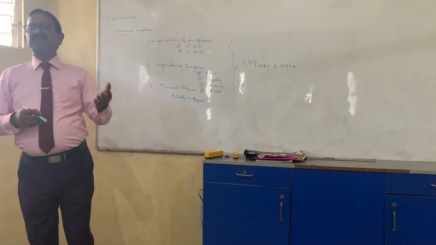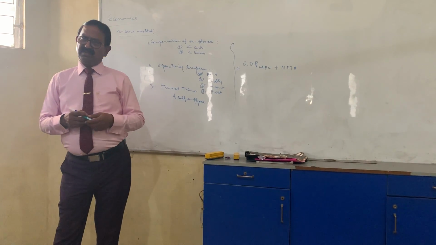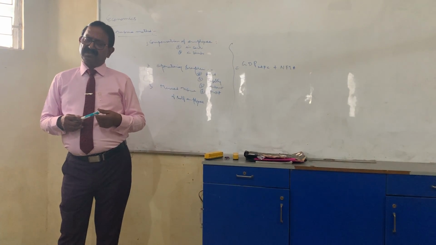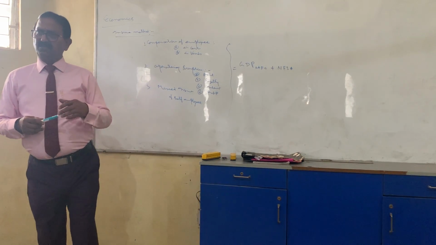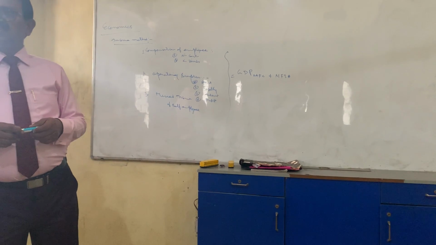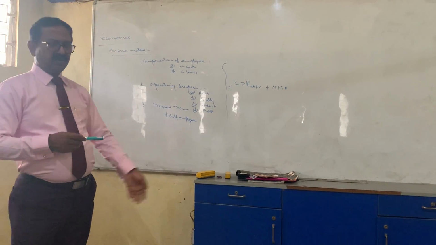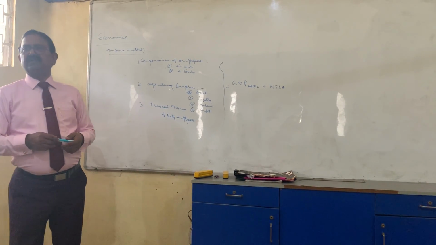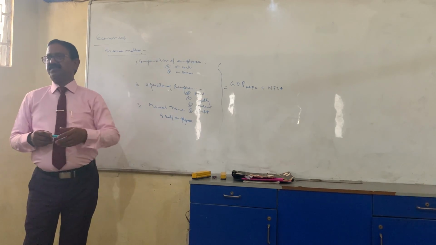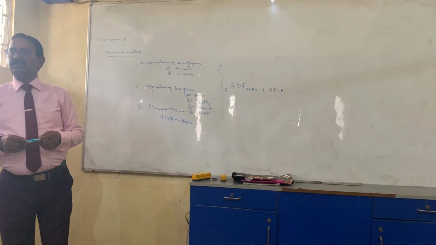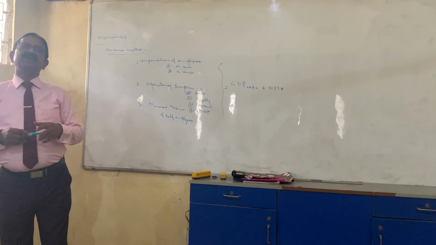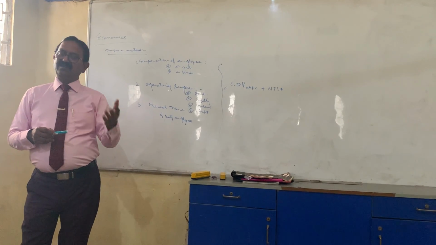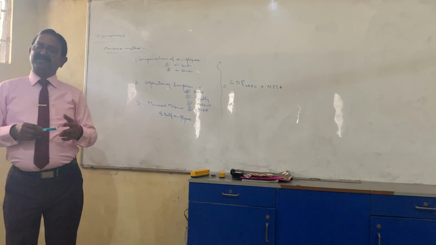It means everyone in this country is earning from their own source, so that source I am going to classify. The first is compensation of employees. Employees means those who are working under someone, either in a government job or a private job.